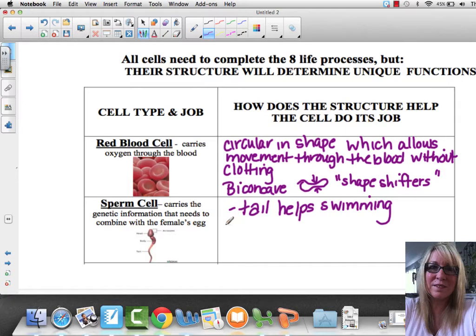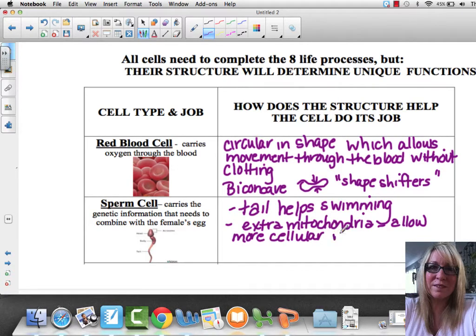And not only that, something else special about sperm is that they have extra mitochondria. Now you're going to learn when we talk about cells, or maybe you remember from 7th grade, that mitochondria allow cellular respiration. So if you have extra mitochondria, that allows more cellular respiration.